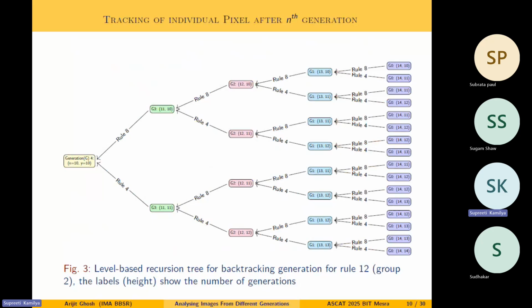Those are the base case cells responsible for the formation of an image. It is very simple and clear that the nodes denote the pixels, and the height or levels of the tree denote the generation. One more thing we observe here is how the values in a particular pixel get transformed to various pixels. That is how the transfer of the pixels happens here.